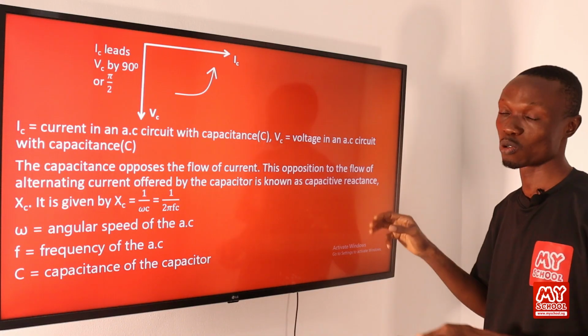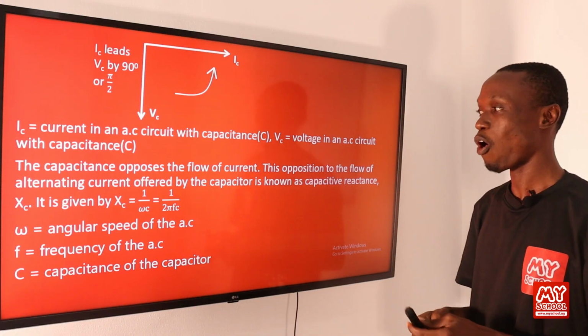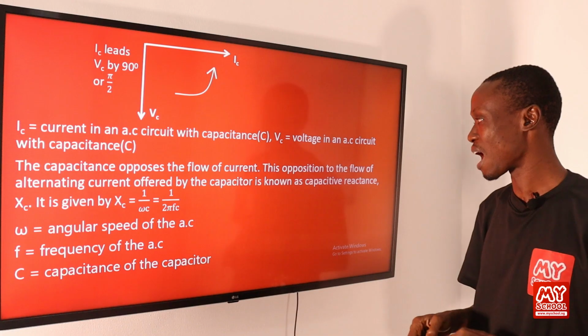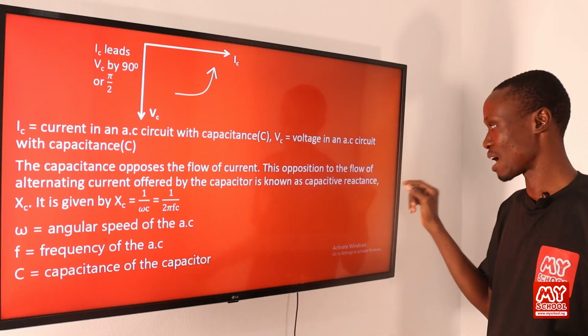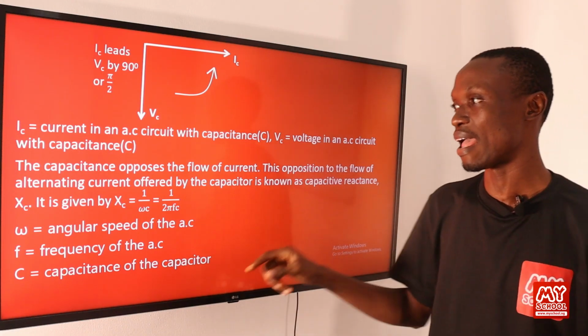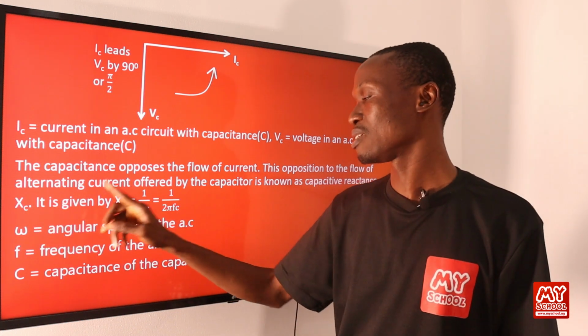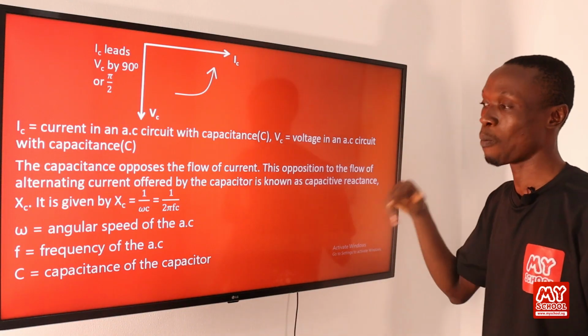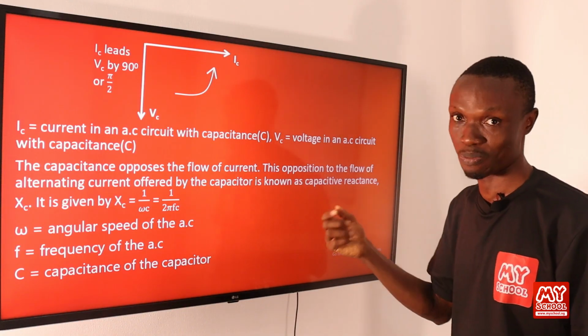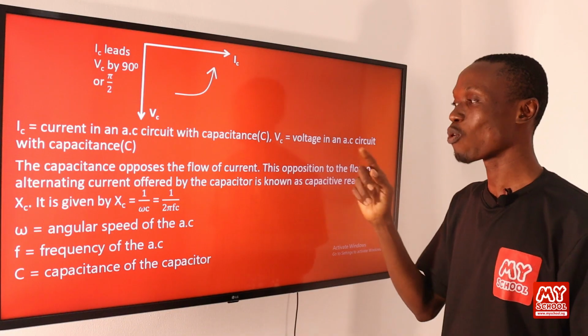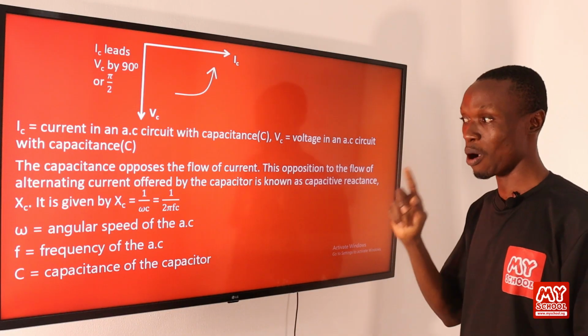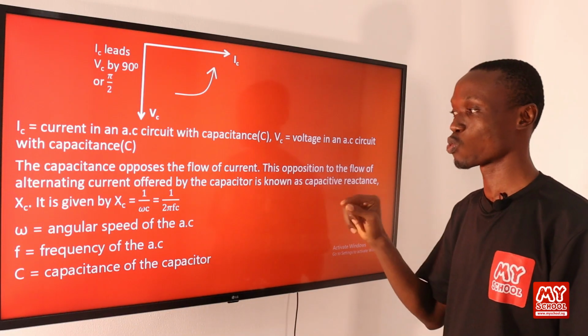This opposition to the flow of alternating current offered by the capacitor is known as capacitive reactance, and it is represented by XC. So take note of this. Mathematically, XC is expressed as 1 over omega C. But remember, we said earlier that omega is equal to 2 pi f.